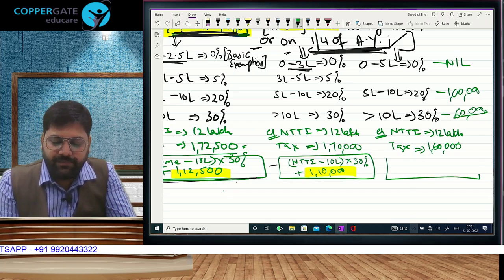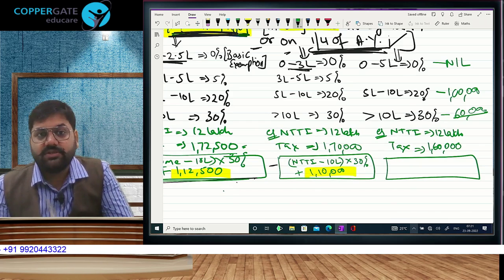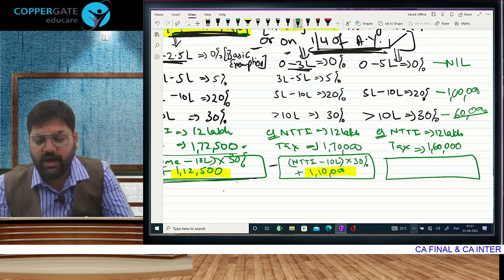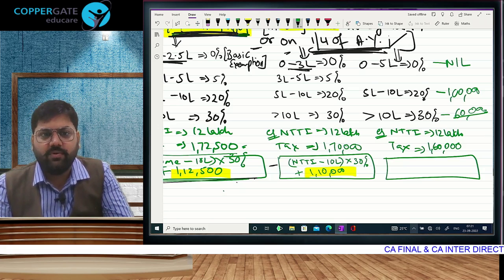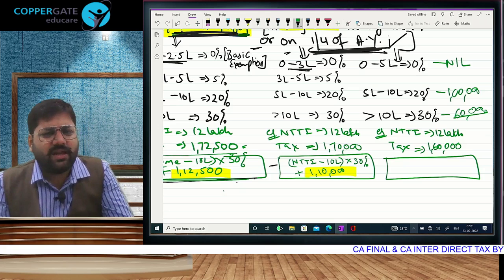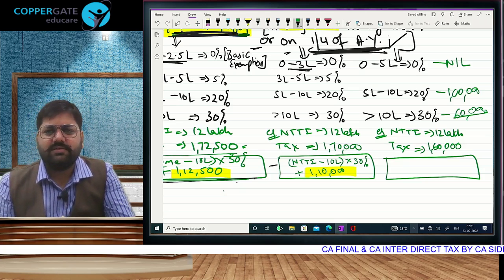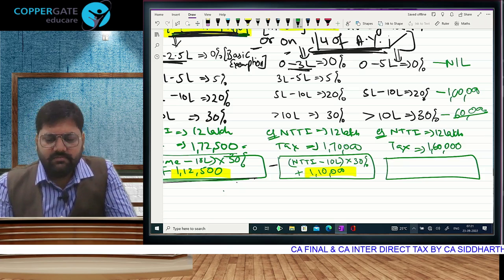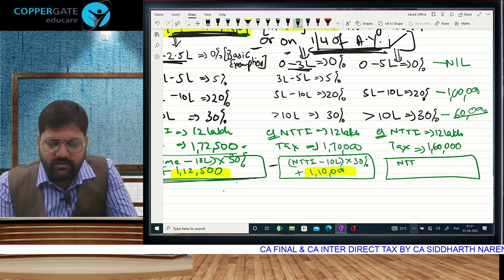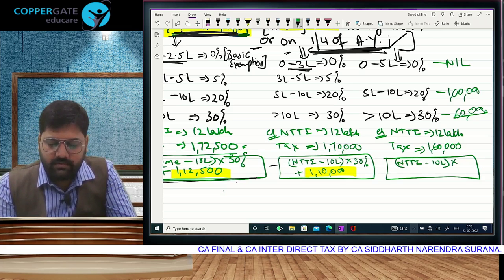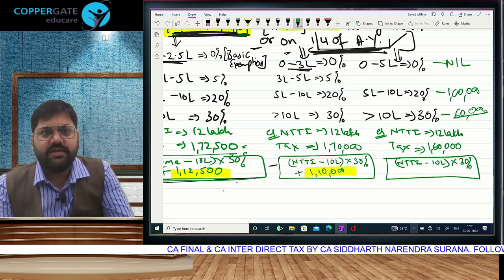Please decide this, because after today, this is how you are going to calculate tax. You all have to behave like CA final students. How will you calculate tax after today? Today was okay for the first time, but after today, how will you calculate tax? Net taxable total income minus 10 lakh into 30%.